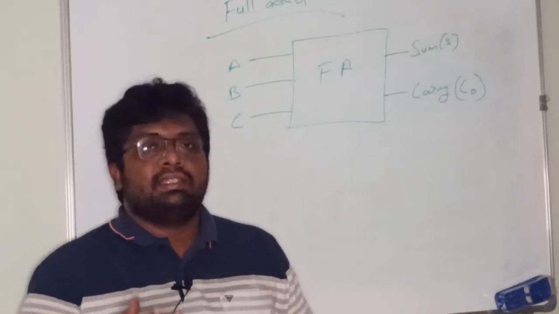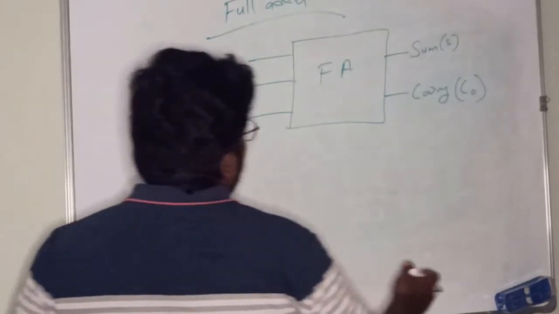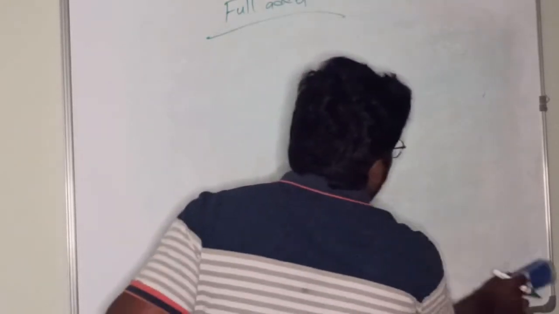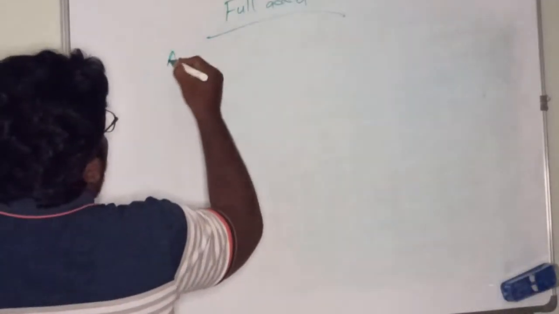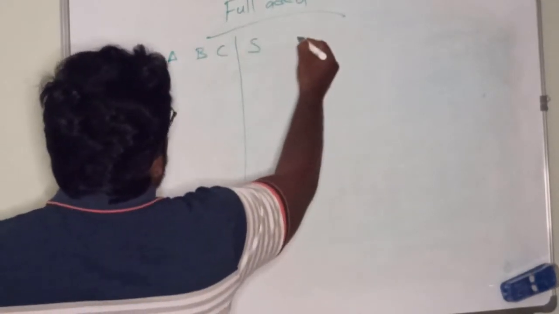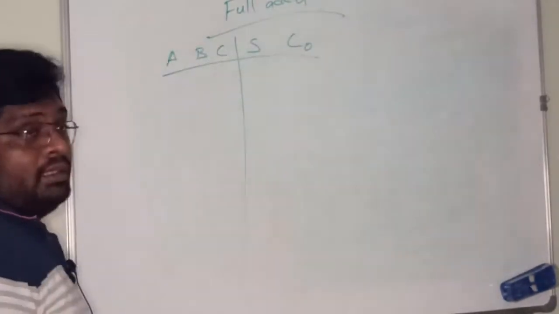So now let us draw the truth table for the full adder. For a full adder we are having 3 inputs A, B and C, and we are having 2 outputs, sum and carry, right?